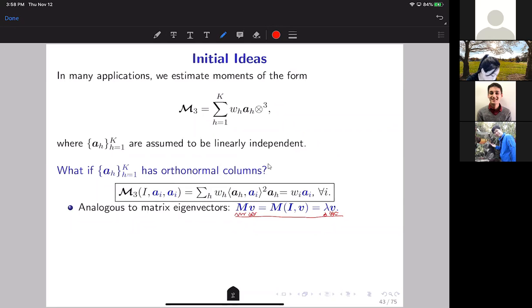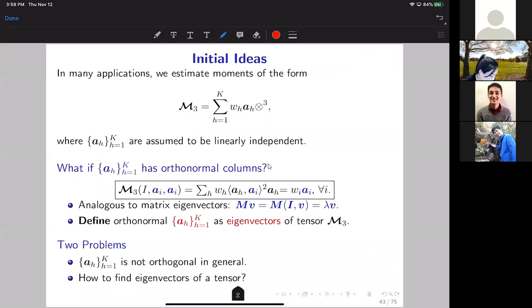Now think about this. Because you have this M3 of AI, you are doing a bilinear operation on this tensor through the second and third mode. And essentially this bilinear operation maintains the direction of the AI, right? After I do a bilinear operation for this AI, I still maintain the direction of AI.